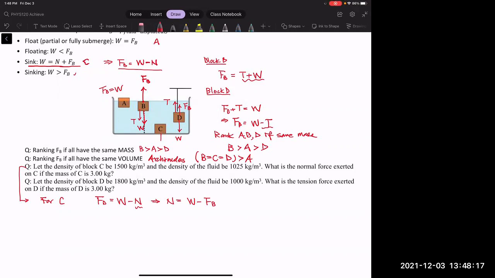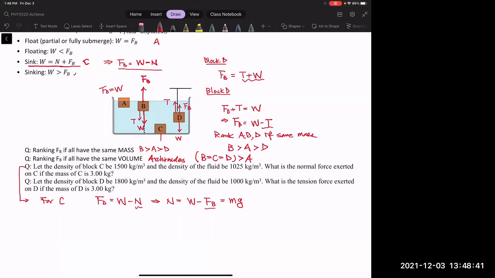Looking at the equation here, do we know the weight? It doesn't give us the weight, it gives us the mass. The mass gives me the information about the weight, because it's mass times g, and that will be your weight. But what about the buoyancy force?